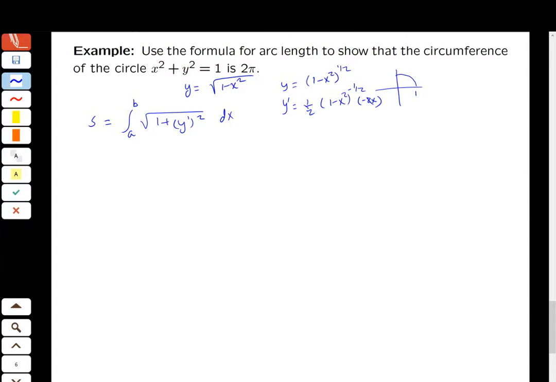The 2 and the 1/2 are going to cancel, and you get y prime is equal to minus x over 1 minus x squared, to the 1/2. Took the negative 1/2 out, took that down into the denominator. Oh yes, we need the x. So now square y prime.